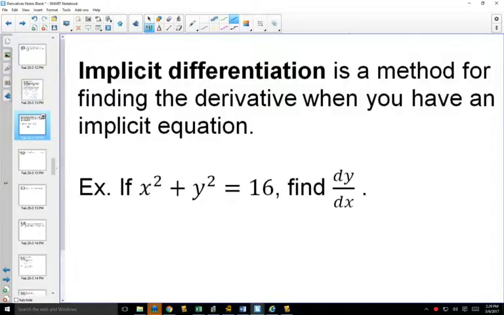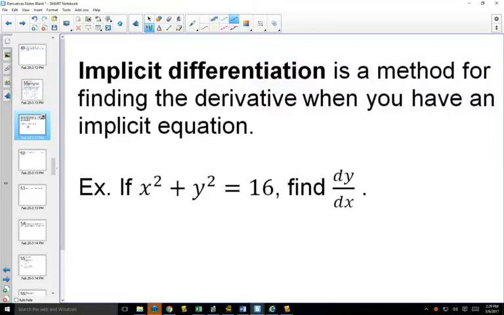So the way that it works is you imagine that you could get y by itself and that y is a function of x. And to find dy/dx, you take the derivative with respect to x of everything that you have.